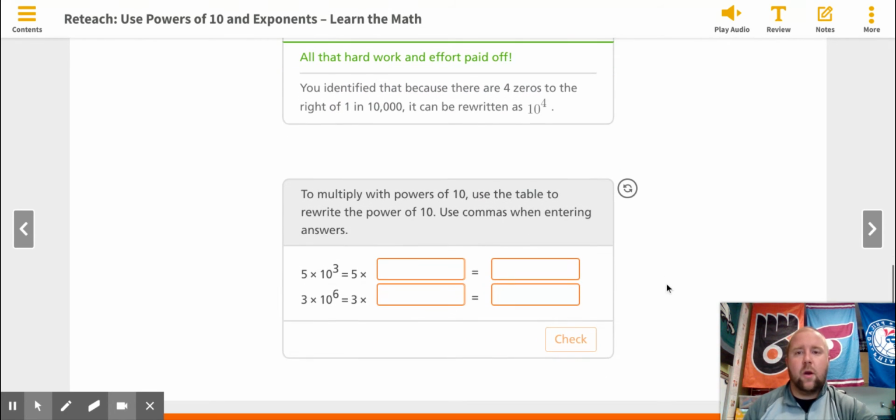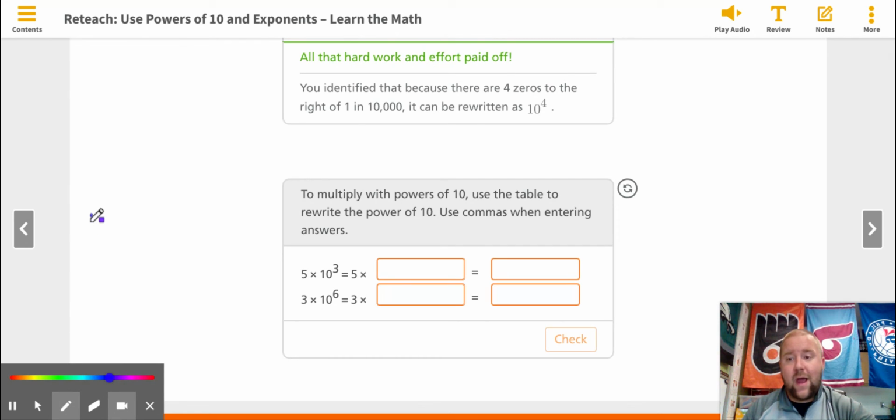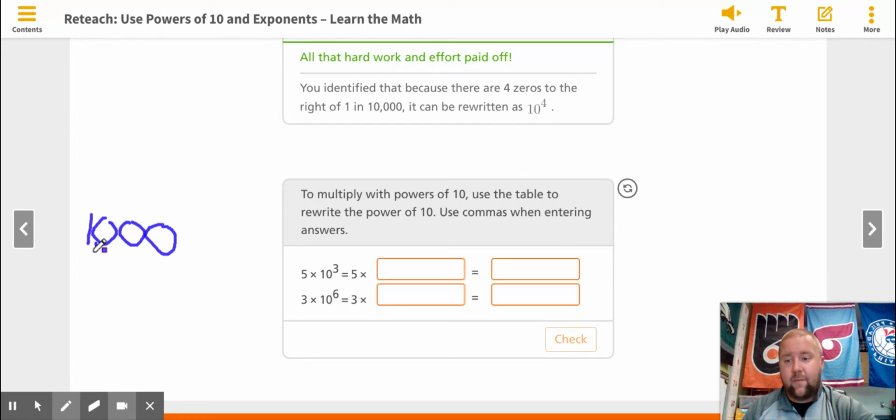Now, here is when we start multiplying by powers of 10. Okay. So in this problem here, we have 5 times 10 to the third power, which again, 10 to the third power is a 1 with 3 zeros. So really what you're doing in this problem is you're multiplying 5 times 1,000.